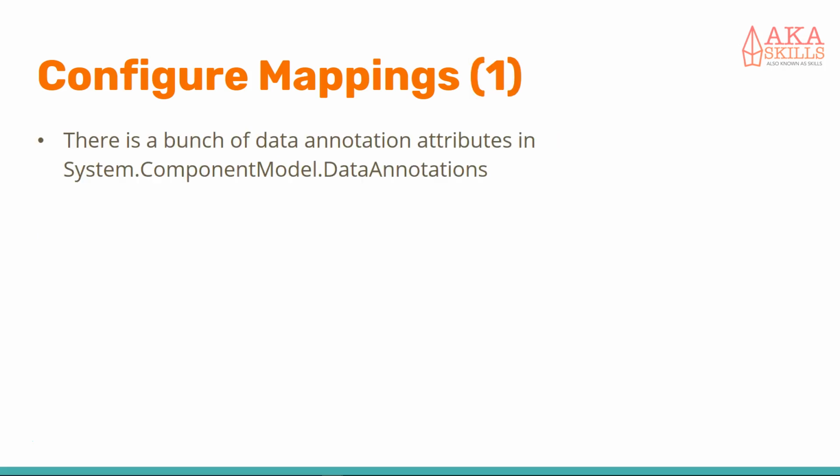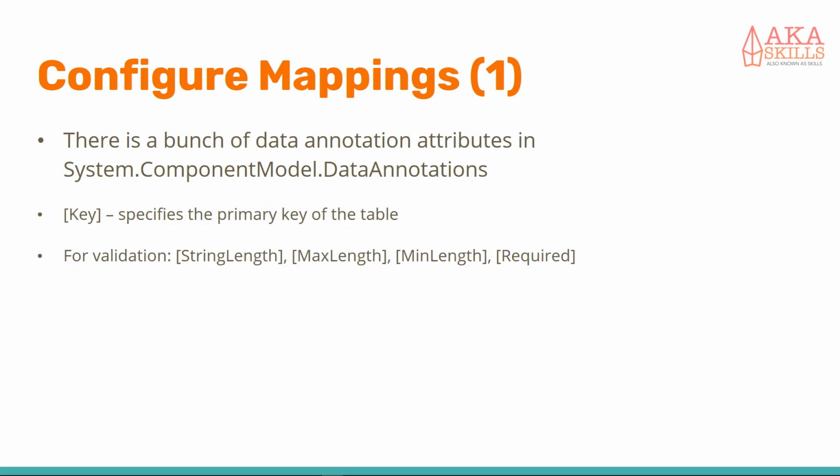So configure mappings. There is a bunch of data annotation attributes in System.ComponentModel.DataAnnotations. For example, we have the attribute Key. In previous lectures, I already mentioned this one, but let's say it again. Basically, it specifies the primary key of the table. For validation, we got StringLength, MaxLength, MinLength, Required, Range, and many others.